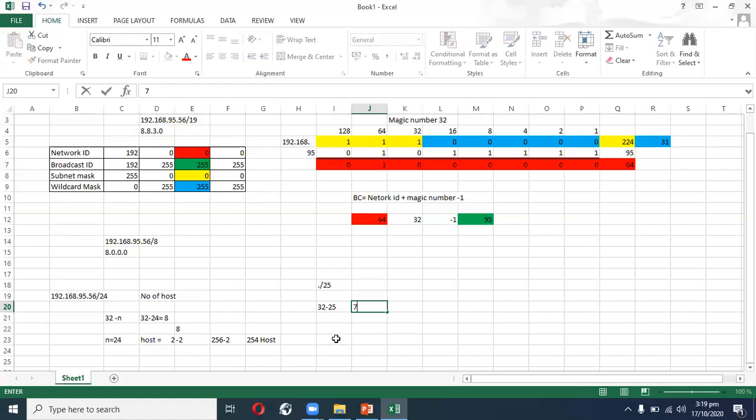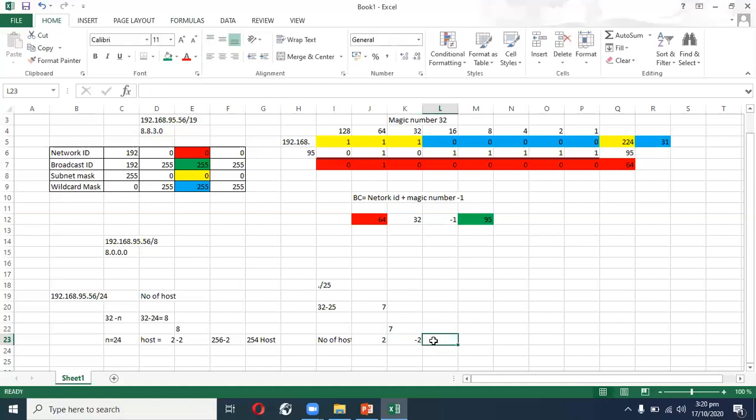So the number of hosts is equal to 2 to the power 7 minus 2.